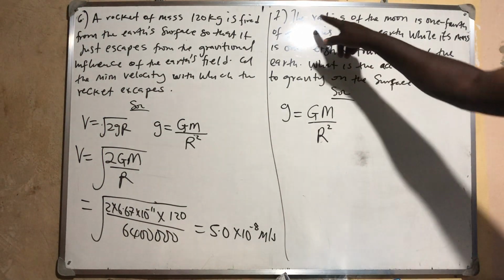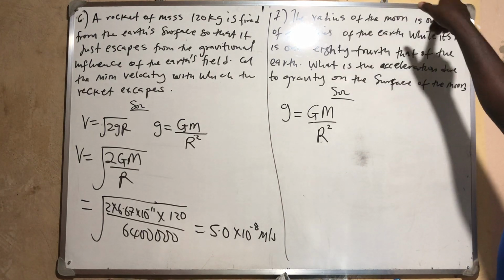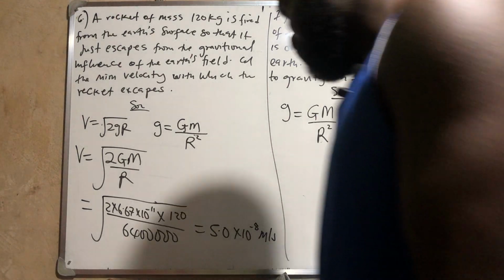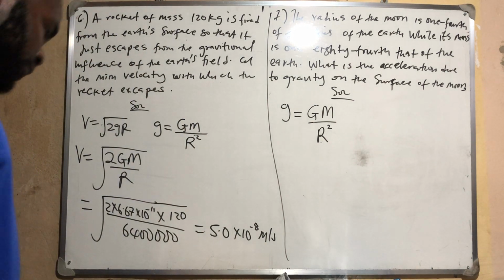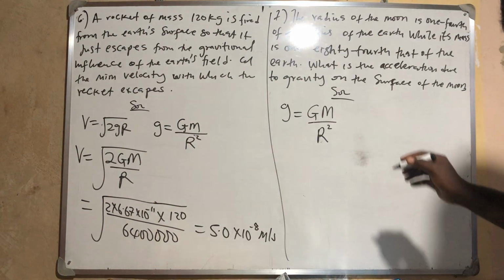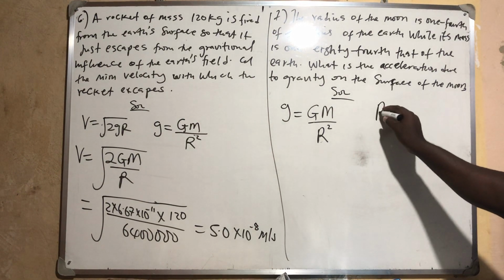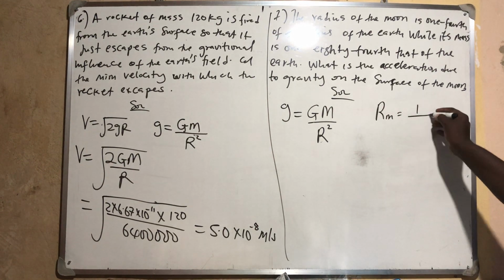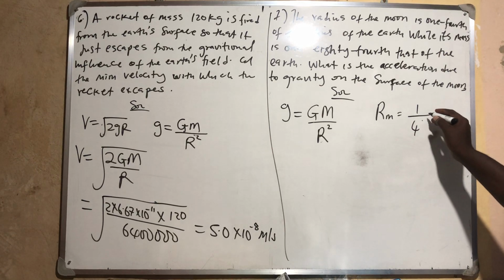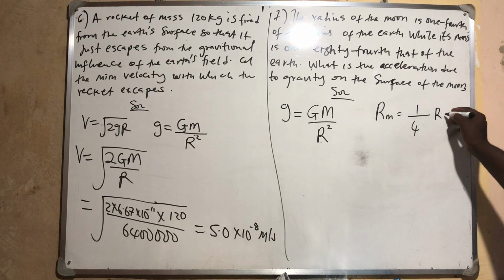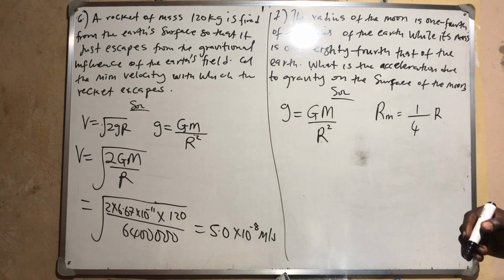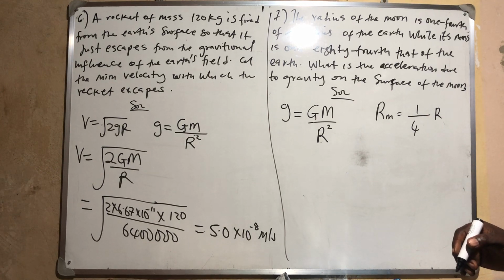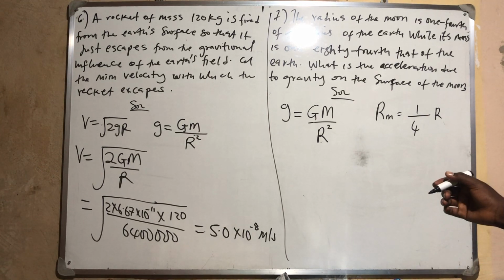But there's a statement they made here. They said that the radius of the moon is one fourth. So if you have this, the radius of the moon, let me call it r moon, is equal to 1/4 r, where r is the radius of the earth.